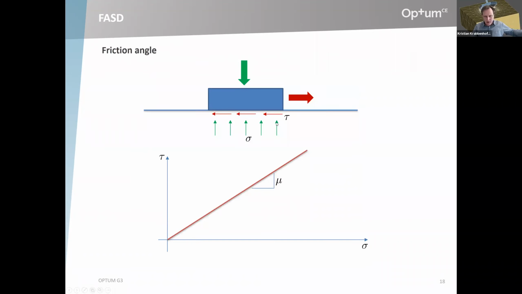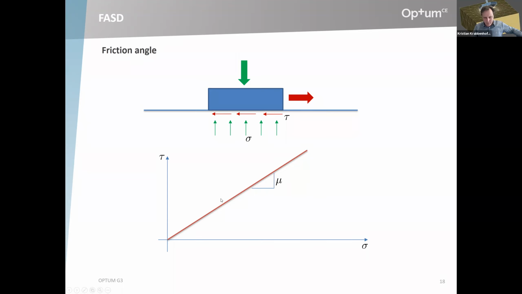But before I introduce that, I just wanted to go back to, we would say, basics and just say a few words about friction. So again, you can start with 2D, the simplest possible problem in the book, a rigid block on a rigid frictional surface that you drag to failure. We have some shear stresses, we have some normal stresses, and this block fails once a critical ratio between the shear and the normal stresses is attained. This ratio is the friction angle.